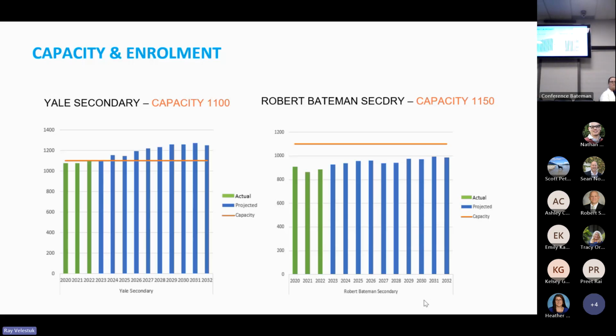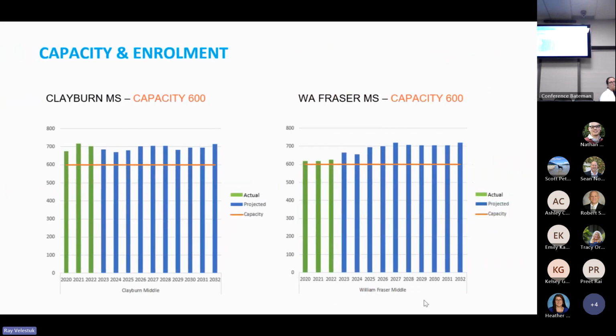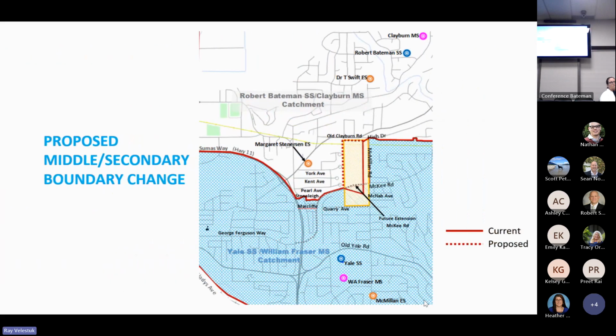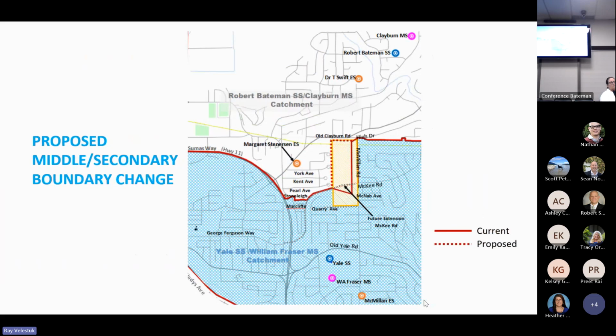Just the last boundary line shift in the Cooper Farm for the secondary school, it makes perfect sense not to go to Yale because Yale is right there, it's way closer. But given the fact that the other school is under capacity, was that considered, possibly just putting the whole Cooper Farm area to Bateman rather than Yale?